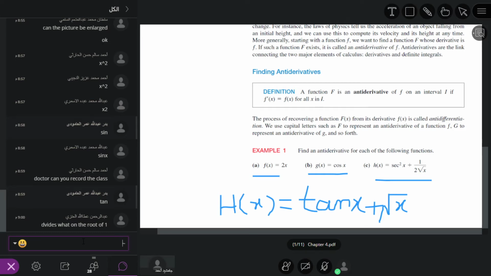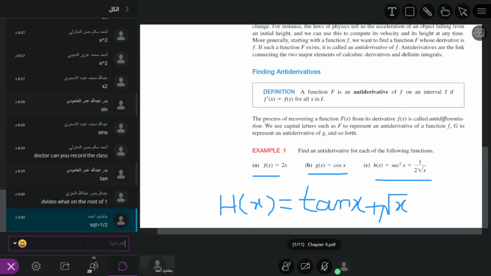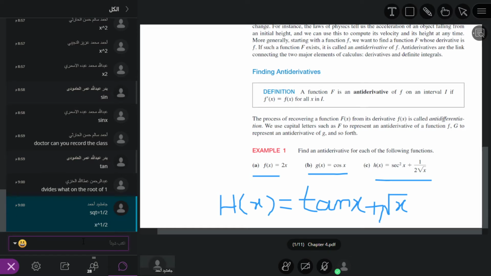Yes, 1 divided by what? Yes. So usually the square root is equal to 1 divided by 2. It means the square root of x is x power 1 over 2.